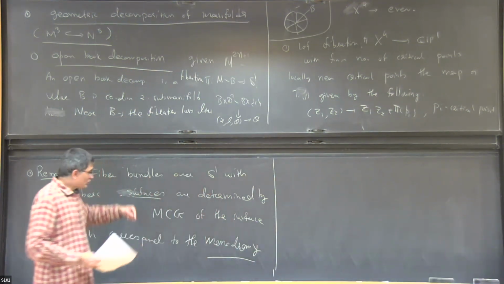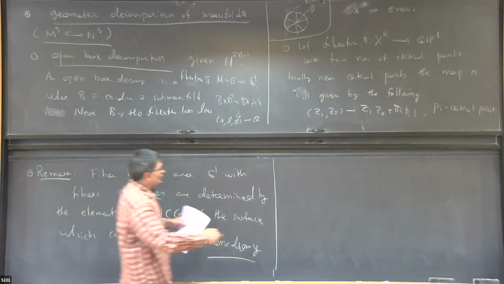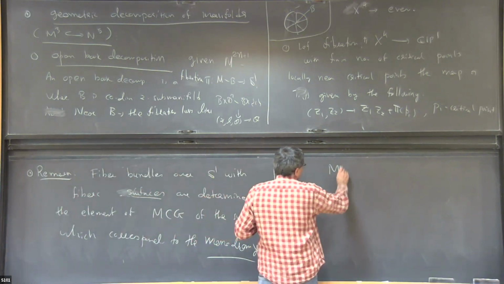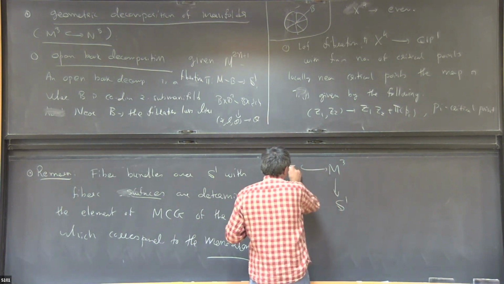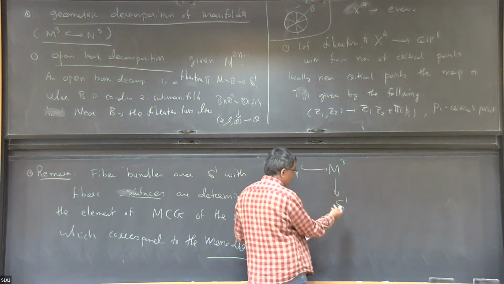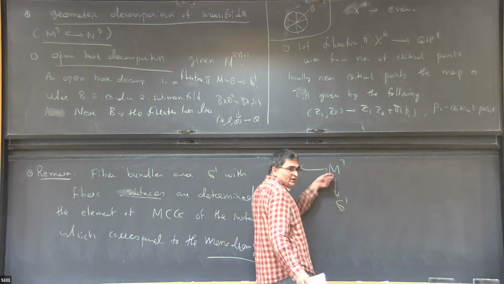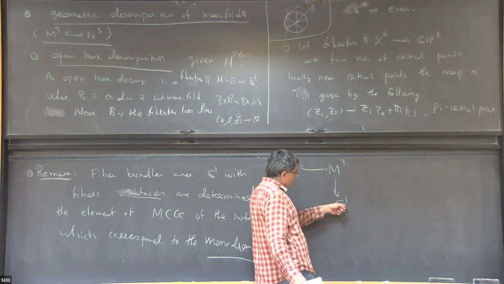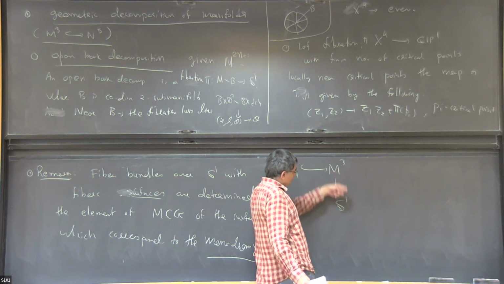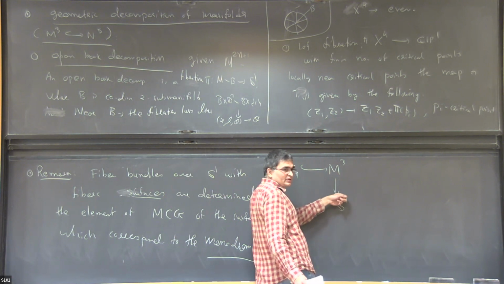What is this monodromy? Because you have a fiber bundle over a circle. For now, just take this as a 3-manifold. You can take d by d theta and look at its lift. I start at some particular theta equal to 0, look at the lift of the vector field d by d theta, go around and come back to the same page.